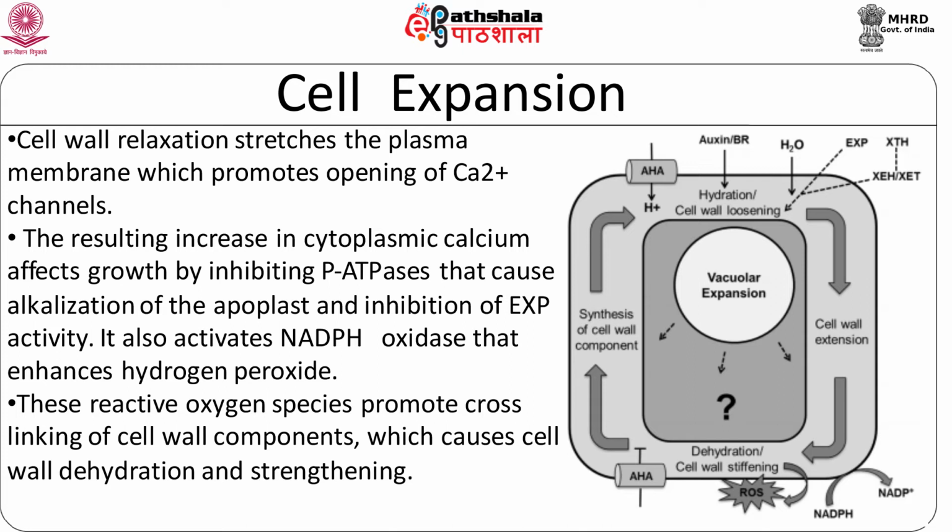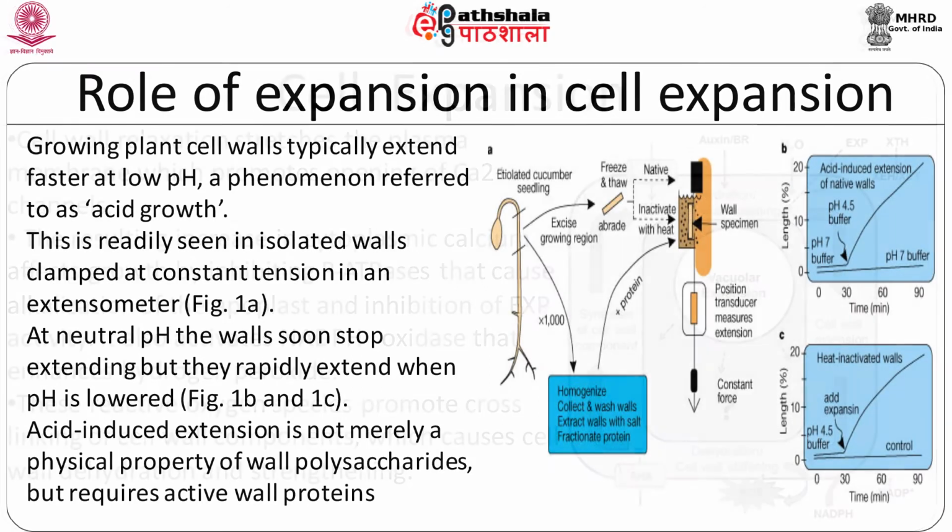These reactive oxygen species promote cross-linking of cell wall components, which causes cell dehydration and cell wall strengthening. Growing plant cell walls typically extend at a faster rate at a low pH, a phenomenon referred to as the acid growth theory.